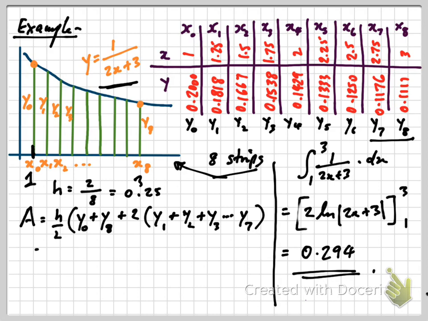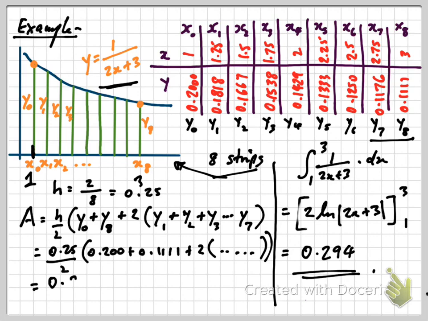Then you substitute: h is 0.25 divided by 2, y0 would be 0.200 plus 0.111 and so on, plus 2 into all the values that you have. If you plug it into a calculator, you will end up with 0.2942. 0.2942 is your answer.